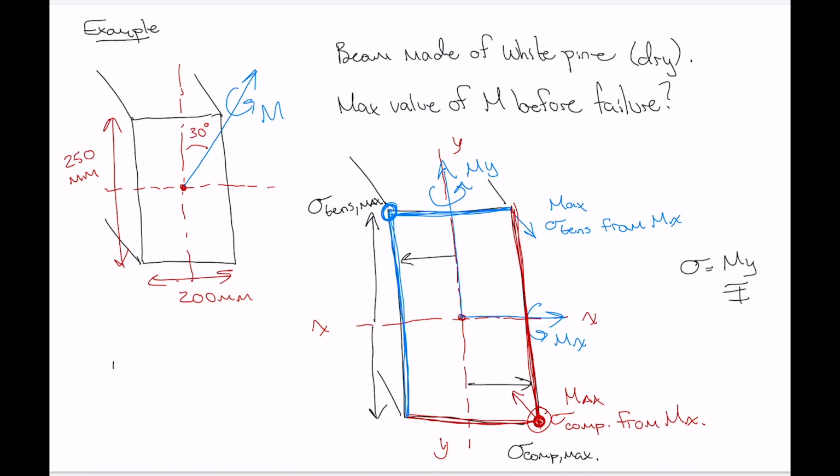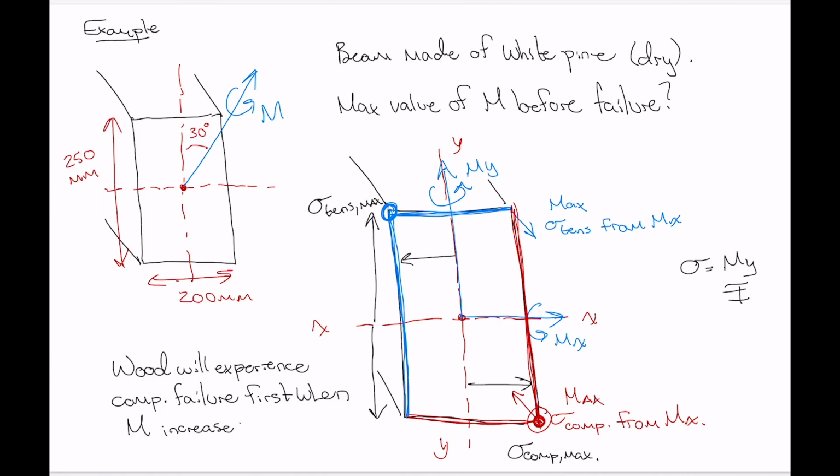So the wood will experience compressive failure first when our internal moment M increases. Okay, so we need to use our value of the ultimate strength in compression.